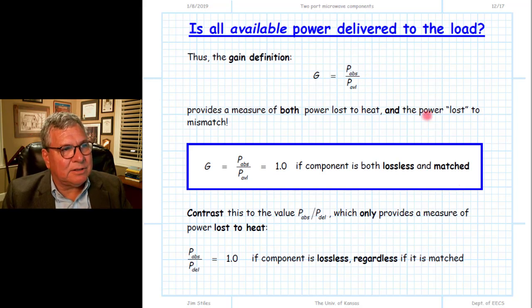Now let's go back and look at this idea that we have power loss to mismatch. Sometimes this causes problems, and it's a little bit confusing, kind of misleading. By lost, we mean sort of a lost opportunity. Let's say you were walking down the street and you had a $20 bill in your pocket and you pulled out your phone and the $20 bill fell out on the sidewalk and blew away and it was lost forever.